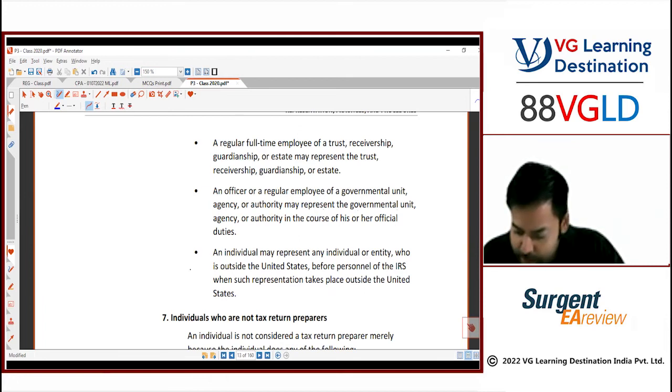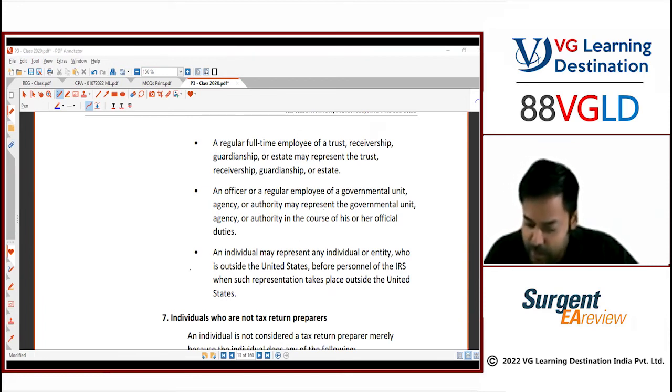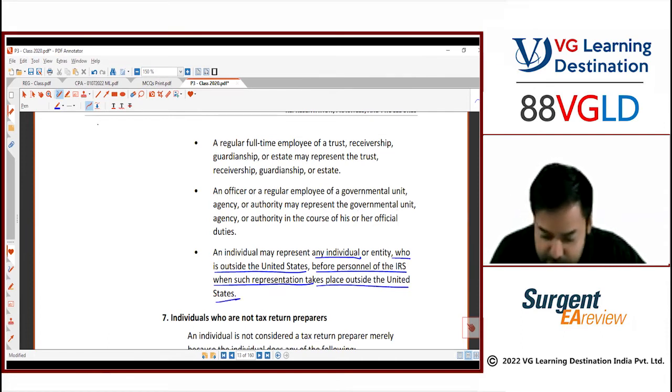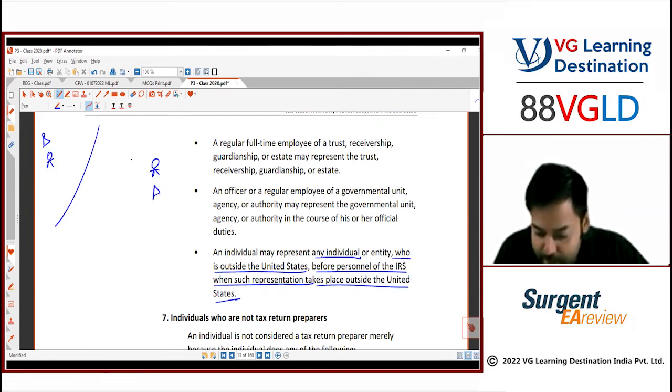An individual may represent any individual or entity who is outside the US before personnel of the IRS, when such representation takes place outside the US. So that means, let's say we're talking about A, in that case you can represent outside also.